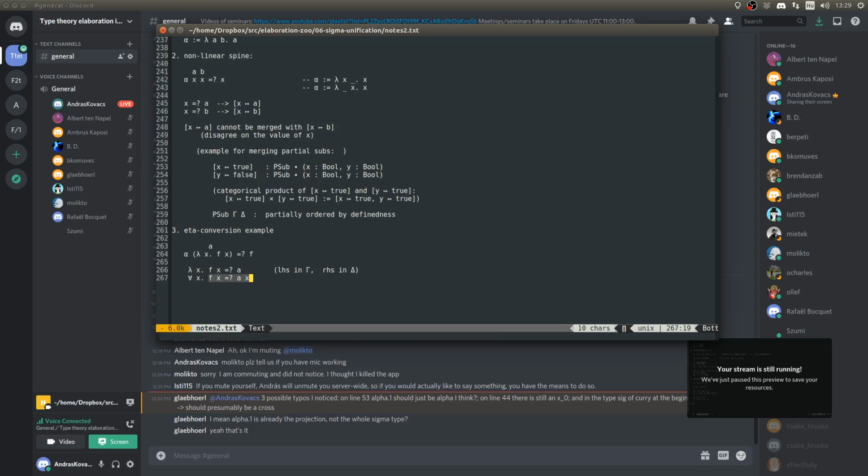Okay, so now we have to solve this, and how do we solve it? By using pattern unification, right? So now we have this problem, but this has the solution like this. So what we are returning here is f is mapped to lambda x dot ax.